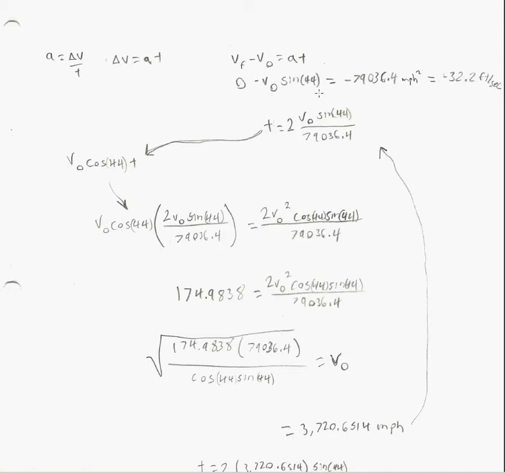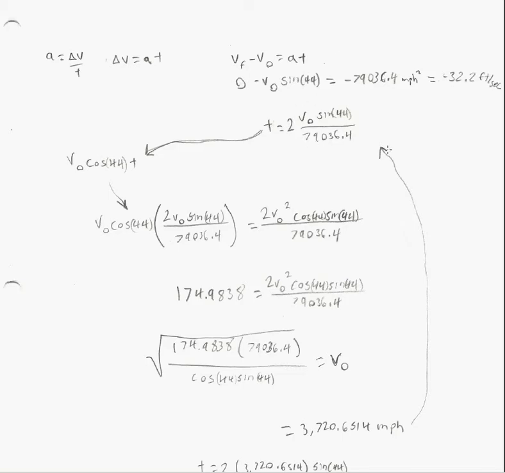So now we could solve, well, this here, our time t equals 2 times this distance, because this right here by itself is just from our initial point to our max height, to the peak of our launch.